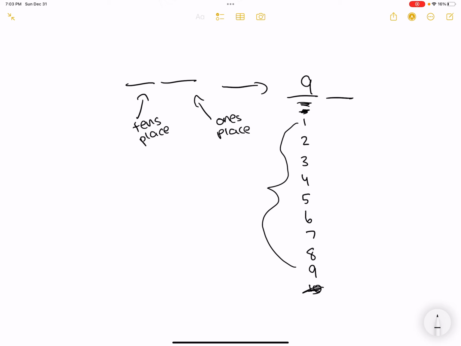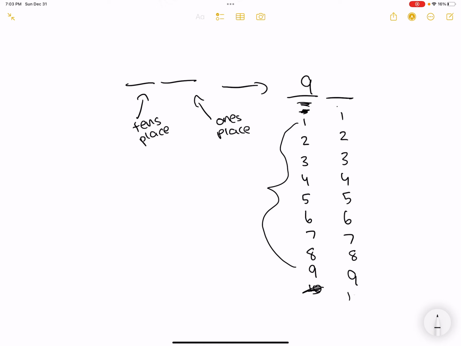Now, if we were to find possible choices for the ones place, let's see. We could again do 1, 2, 3, 4, 5, 6, 7, 8, 9. And if we were to add a 10, it would again make it a 3-digit number.